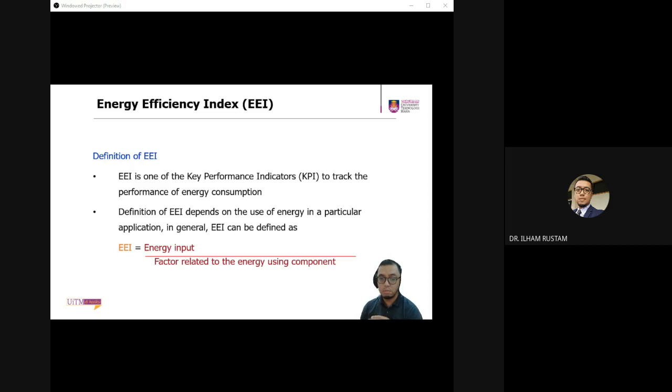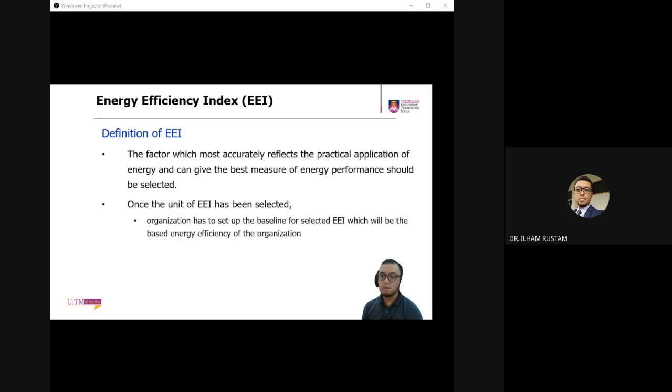Typically, the lower the number, the closer it is to 0, the more efficient the process is. So the objective here is to get the EEI, as the years go by, to the lowest numbers possible. Okay. This one has nothing more as a definition. Just that they highlight, you have to make sure the factor that you've chosen reflects practically the process being used so that it's accurate.